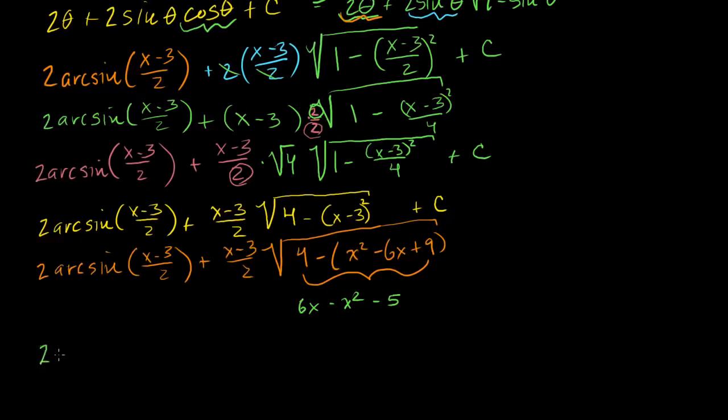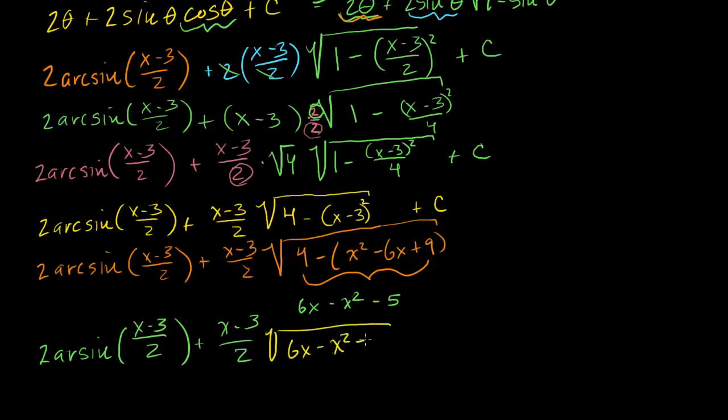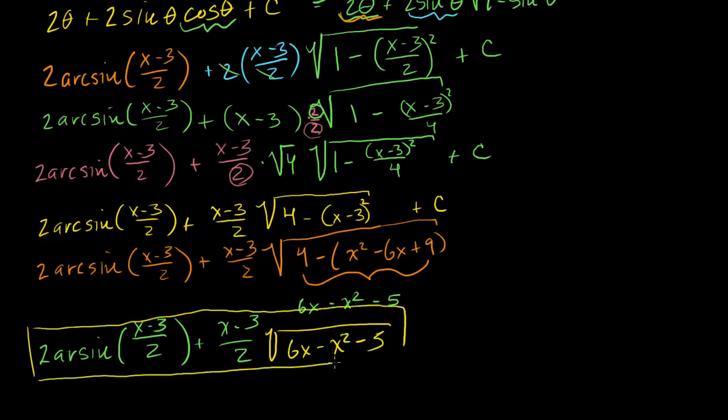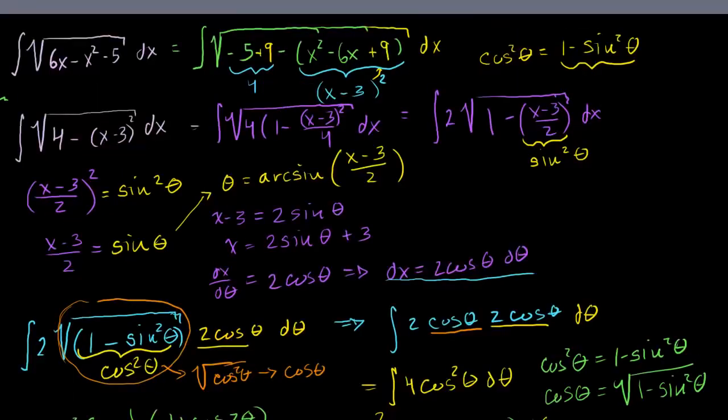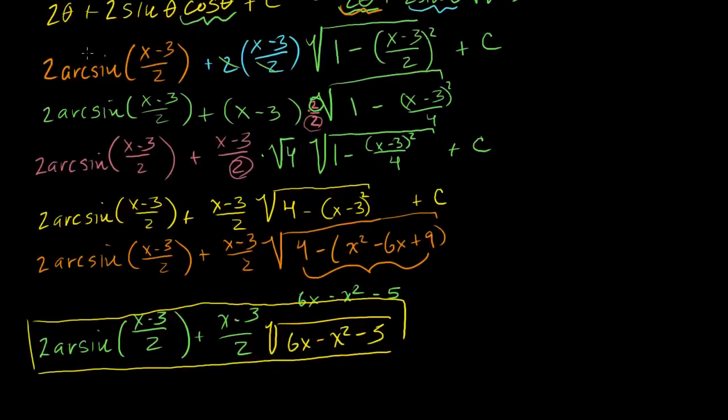We get the antiderivative is 2 arc sine of x minus 3 over 2 plus x minus 3 over 2 times the radical of 6x minus x squared minus 5. That right there is the antiderivative of what we had at the very top of my little chalkboard. So that is equal to the antiderivative of the square root of 6x minus x squared minus 5 dx.